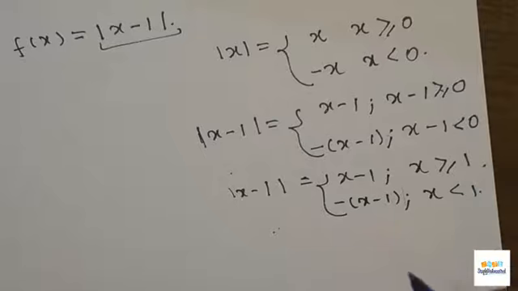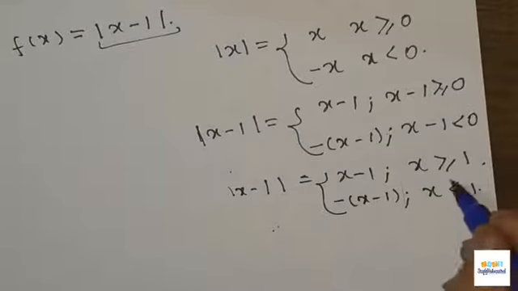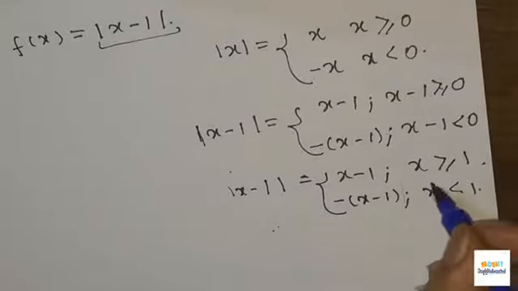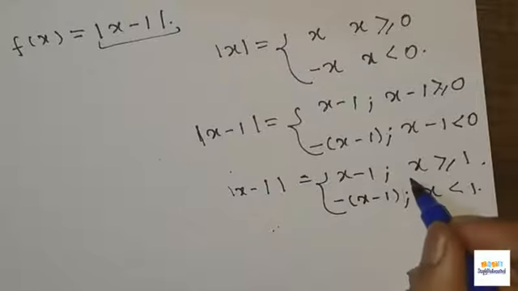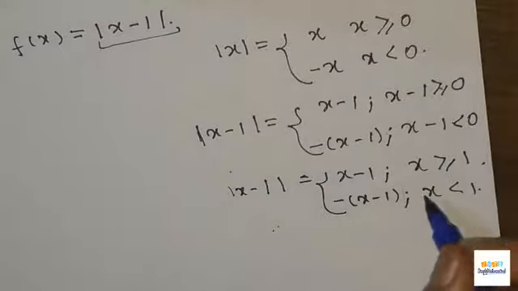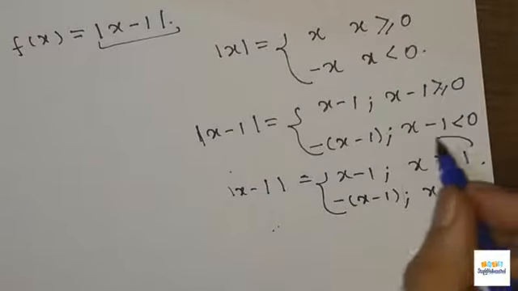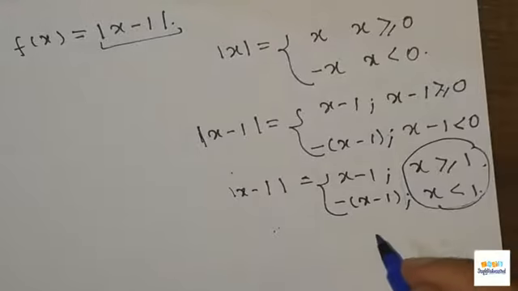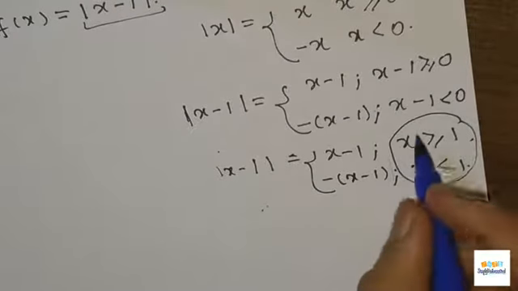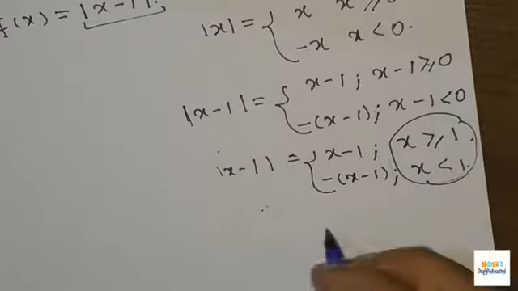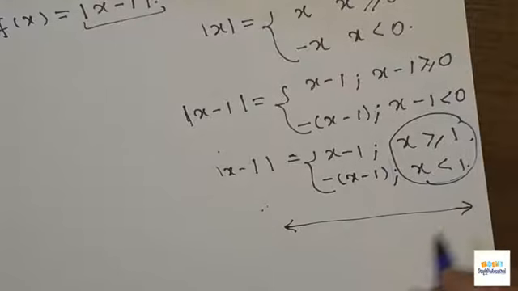From here, what you're getting is the domain as x greater than or equal to 1 and x less than 1, right? These values are in the domain. Let us see what it is.